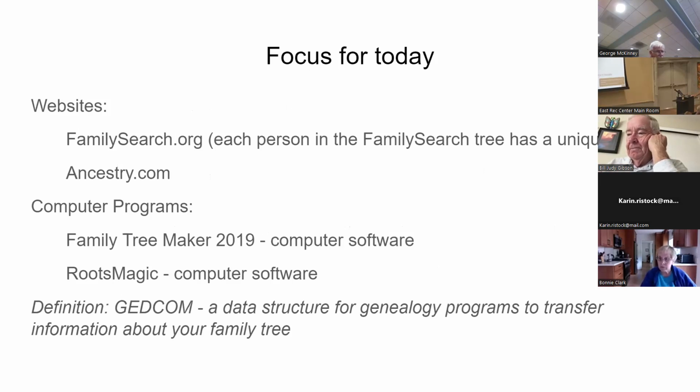Then I'm going to look at two computer programs, Family Tree Maker and RootsMagic. The reason is that these are the two that have a robust synchronizing capability. Unfortunately, the one I've used for years, Family Historian, and the one I used to use, Legacy, do not have it.